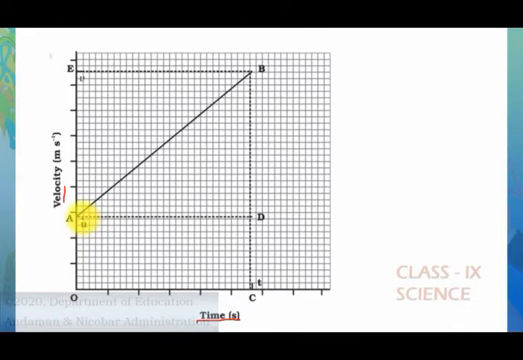Here the initial velocity is u at point A. As the object accelerates, a straight line is obtained, which shows that the change in velocity takes place at a regular interval, or we can say that the acceleration is uniform. So the change in velocity with respect to time is constant.